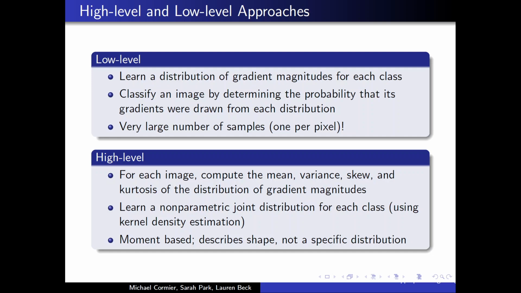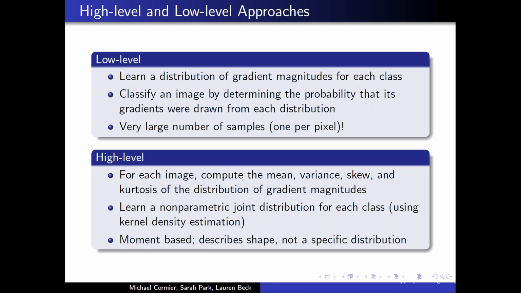The high-level method describes the shape of a distribution rather than trying to assume that all of the woodcuts share a single gradient distribution. In this case, we compute the mean, variance, skew, and kurtosis of the distribution of gradient magnitudes for each image.